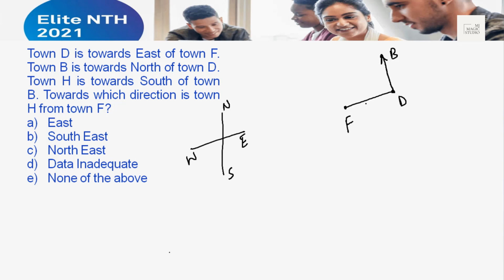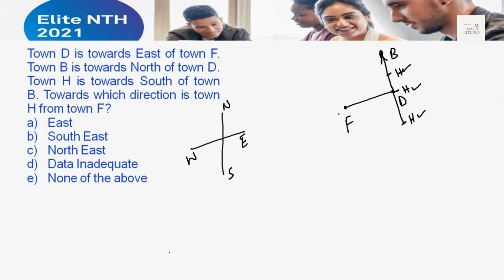H is south of B. H can be here, H can be here, or H can be here also. And all the three positions are to the south of point B.